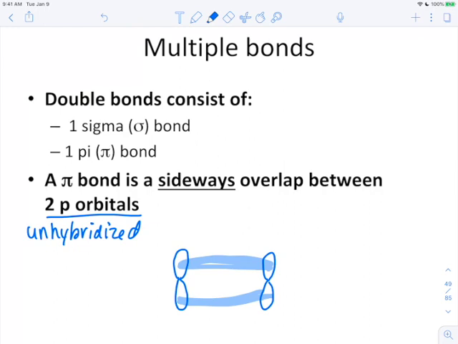Because the double bond always has a sigma in the middle and then a pi. And what you'll be seeing in the images coming up is the pi has two lobes.